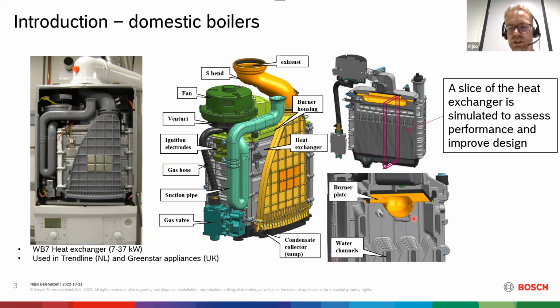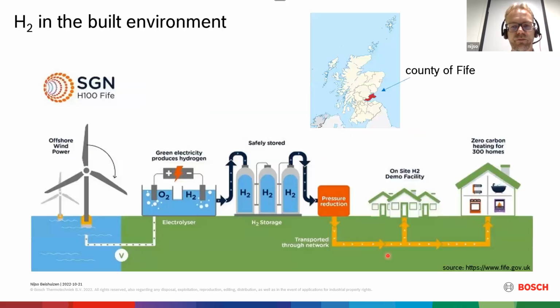The hot combustion products then flow through the heat exchanger downstream of the burner, and water channels run through the heat exchanger, and the water extracts the heat, which can then be used for showering or for heating your house. Now, a possible future decarbonization scenario is one where domestic natural gas, currently used for household heating and cooking, is replaced by hydrogen.